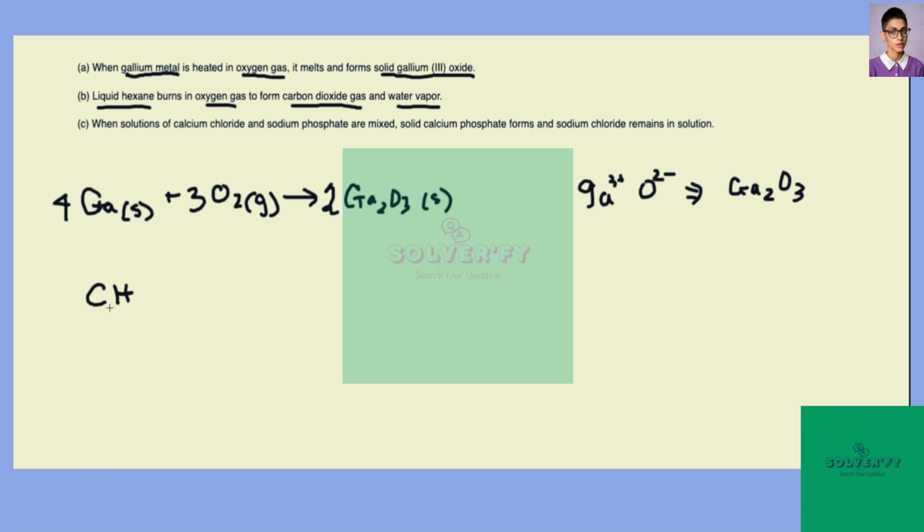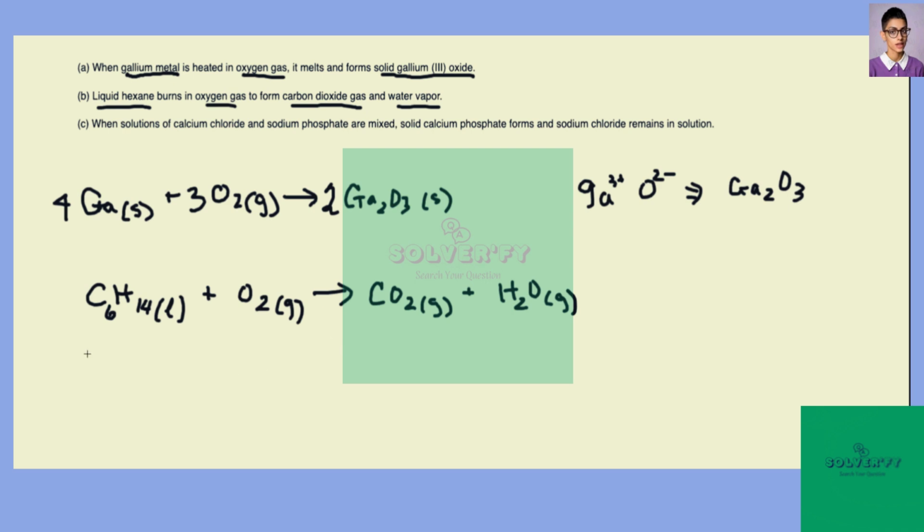Hexane has 6 carbons and 14 hydrogens, and this is a liquid, so we write L. It reacts with oxygen, which again is O2 gas, to form carbon dioxide, which is carbon with 2 oxygens, and water vapor. Water is H2O, and vapor is another word for gas.